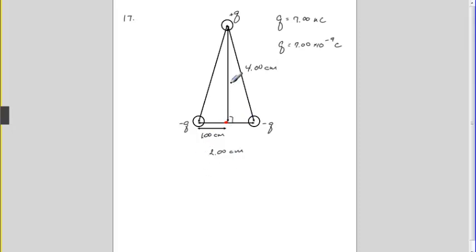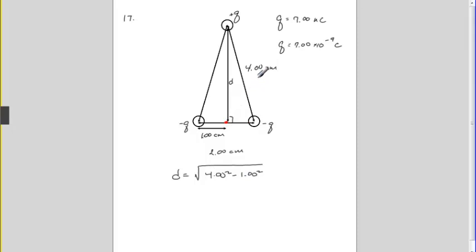So let's call this D. D is going to be equal to the square root of 4 squared minus 1 squared, because this side squared plus that side squared equals the hypotenuse squared.